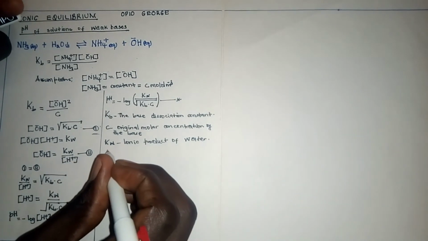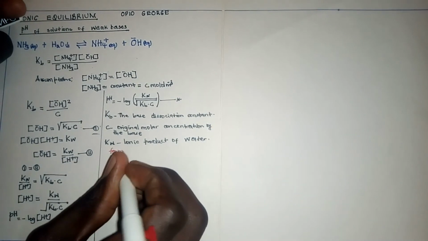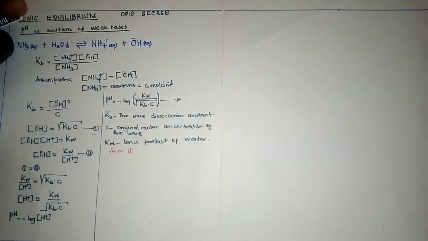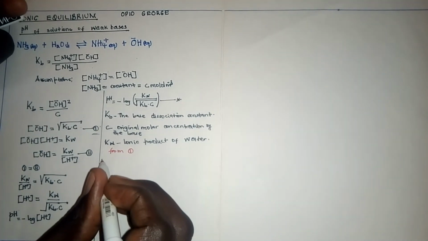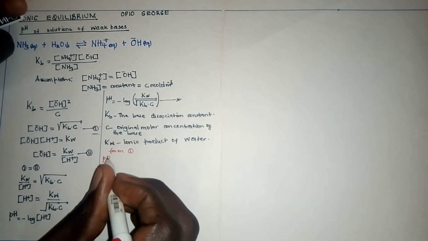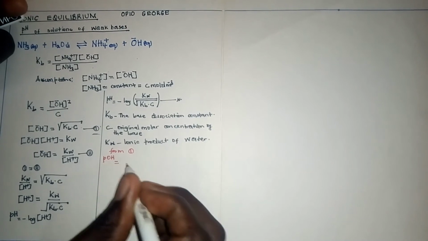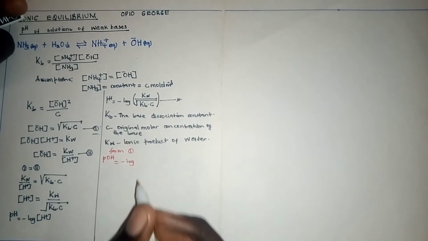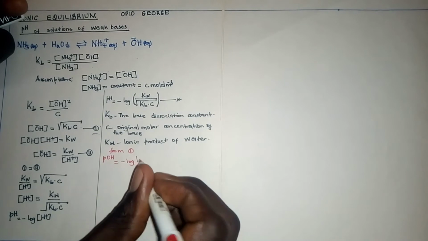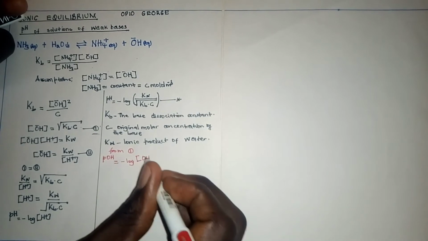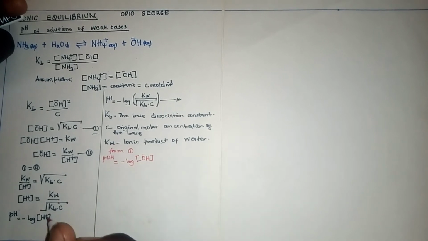So from equation 1, we could simply say pOH is given by negative logarithm to base 10 molar concentration of the hydroxyl ions.